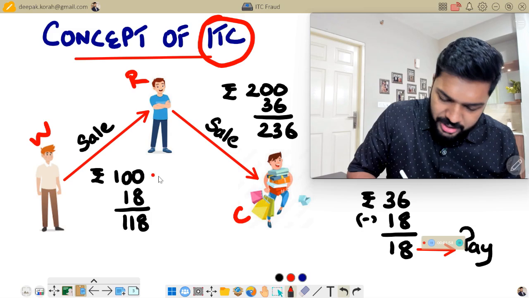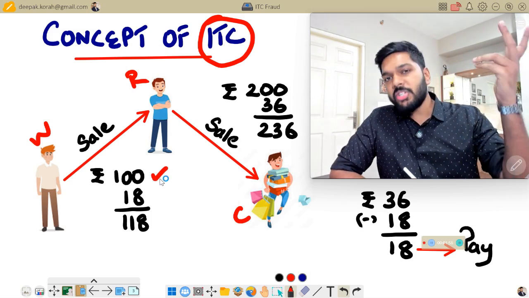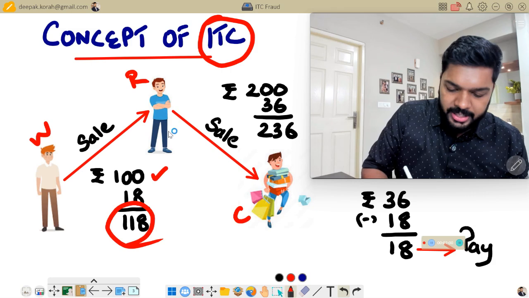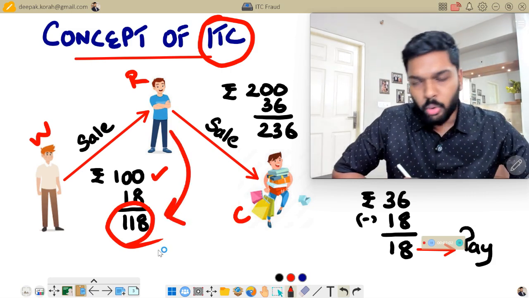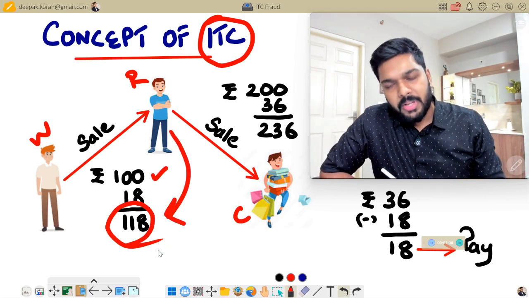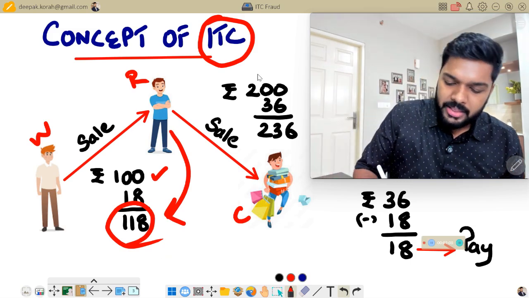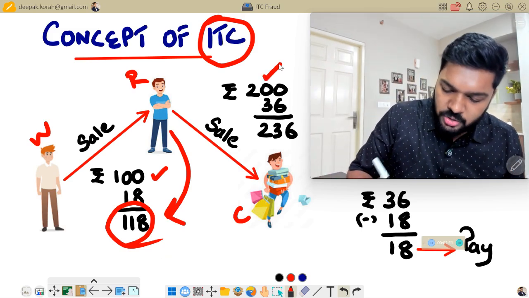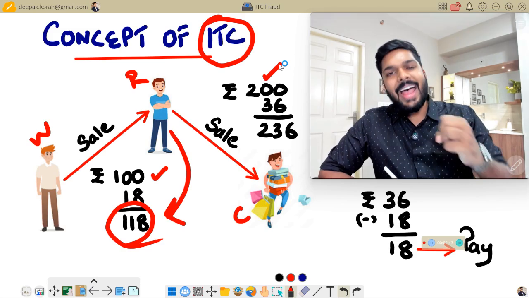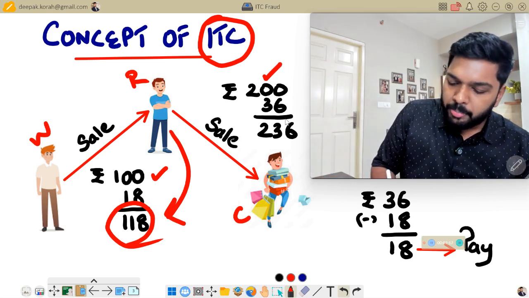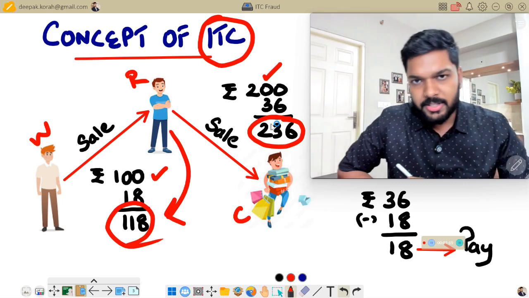The value, let's say, for example, is rupees 100, on which he will charge 18% GST running rate, and that is 118 rupees. The retailer will have to pay this 118 rupees to the wholesaler. The retailer will then use the same goods and then sell it to the consumer at the base value rupees 200. It will add 36 rupees of GST because 18% of 200 is 36, and the final price the consumer will pay is rupees 236.